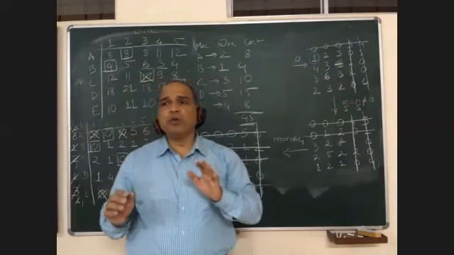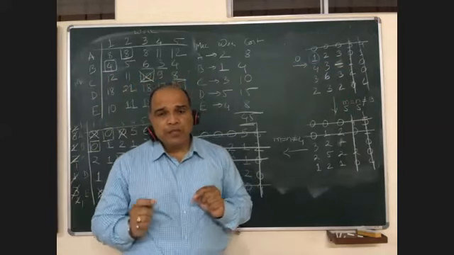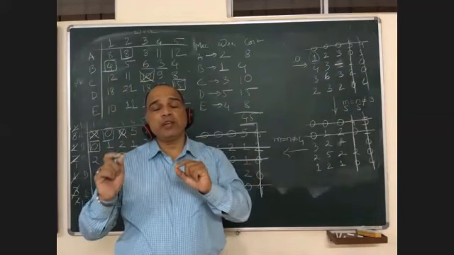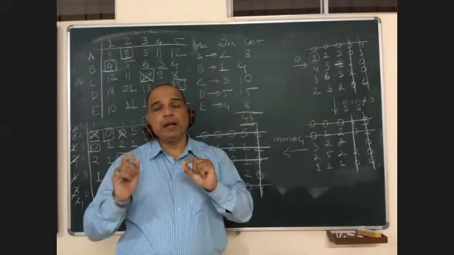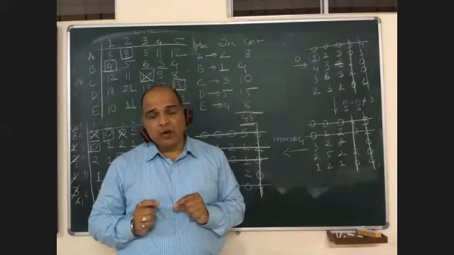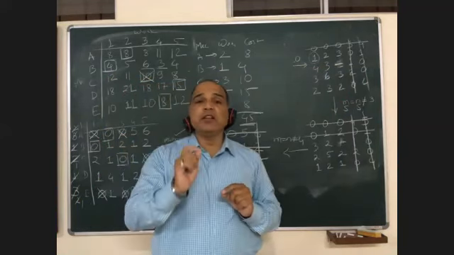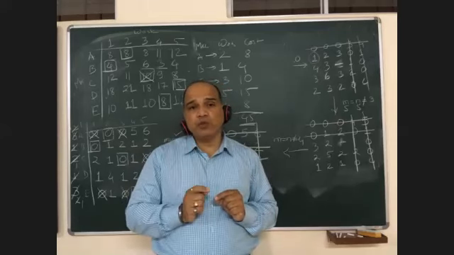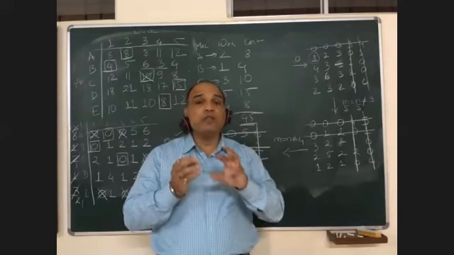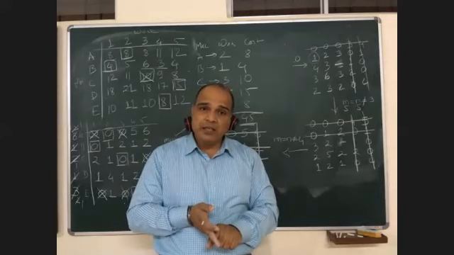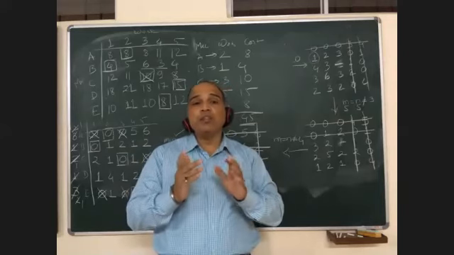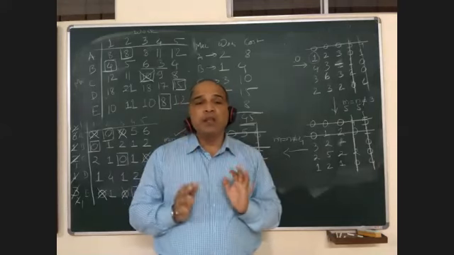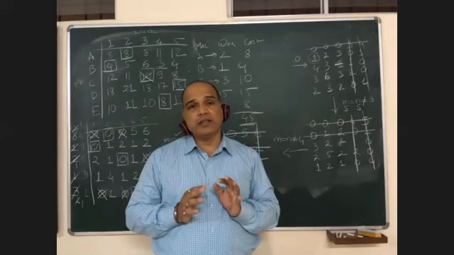In transportation problem, many a time they will tell you to find the initial feasible solution of a given problem by northwest corner method, or they will specify which method of initial feasible solution you have to use. Either they will say solve the given problem by all three methods. They will not give you the names. All three methods means you need to find out initial feasible solution from all three methods, right?